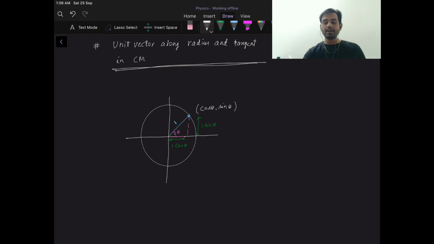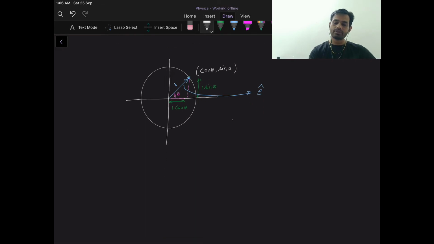So we can find this unit vector. Let us assume that the unit vector in this direction is represented as E r cap, the unit vector along the radial direction. So what will be the value of E r cap? This is E r.